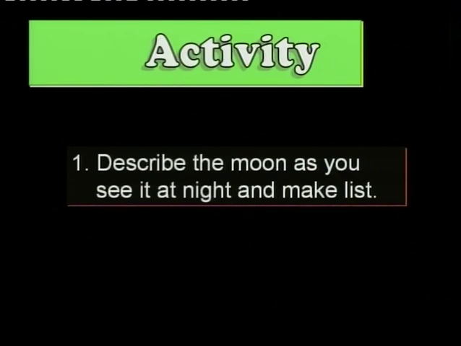So you can describe it during your discussion and list it on the paper that has been given to you. Whichever way you put it, you want to put it on a mind map, you want to make a list, or you want to write a paragraph.